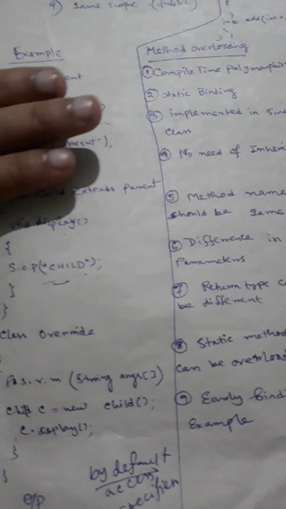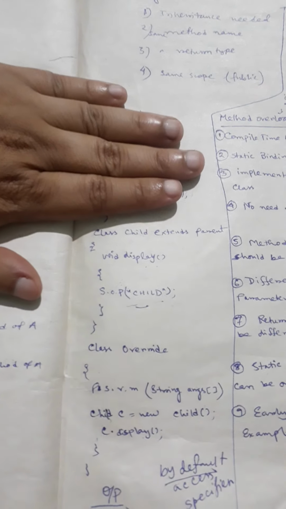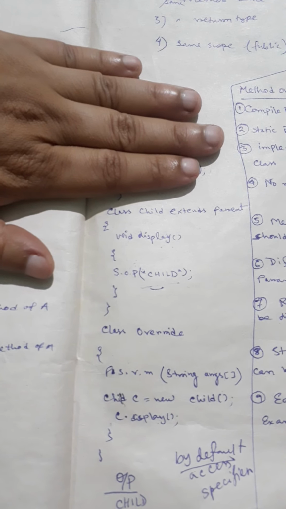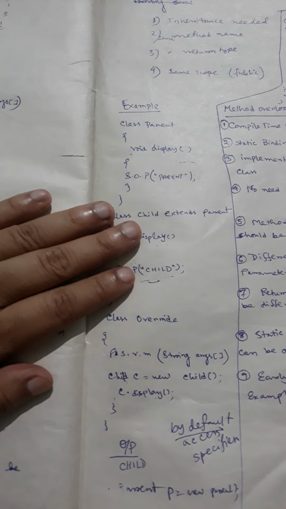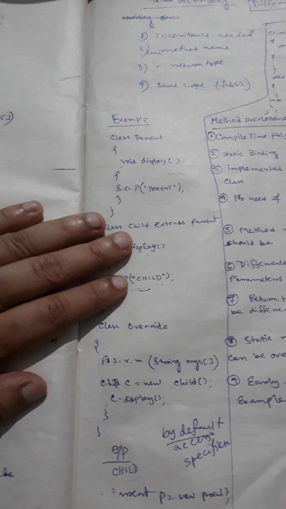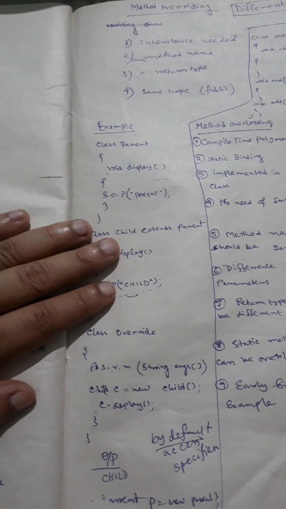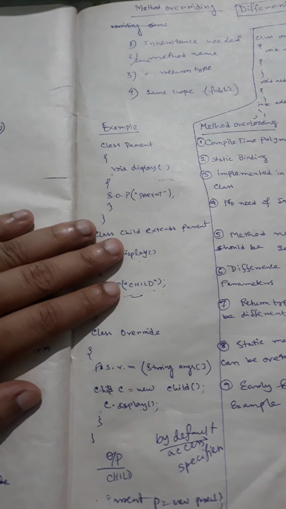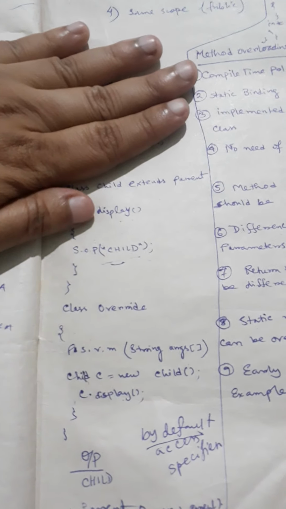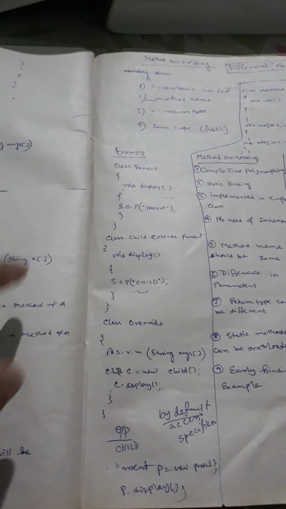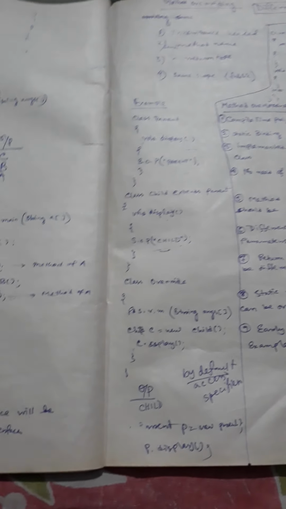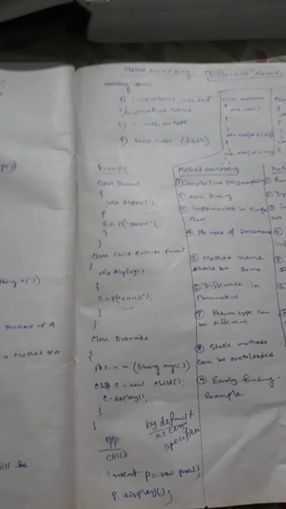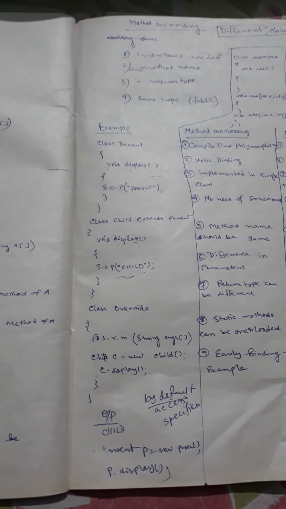So these things will be overridden by the child class, and the output will be from the child class. Always, the child class overrides the method of the parent class using this concept.